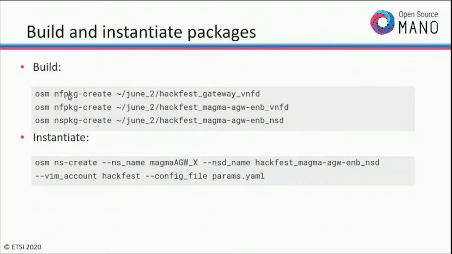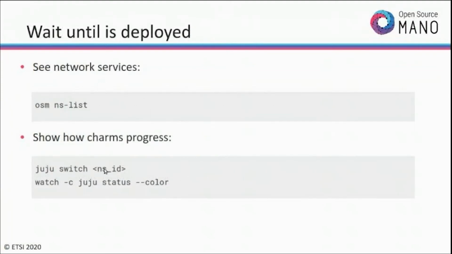We need to add first the gateway PNF descriptor, then the VNFD, and after that the network service descriptor that includes both of them. Then the command to instantiate is exactly the same as before, so we just execute that. This is the same as before to see all the network services and the status, and we can switch to the juju model and do juju status to see the progress.